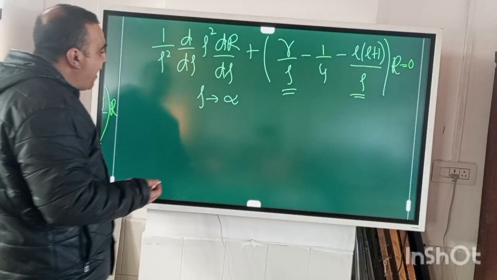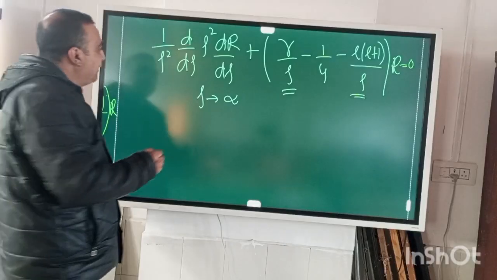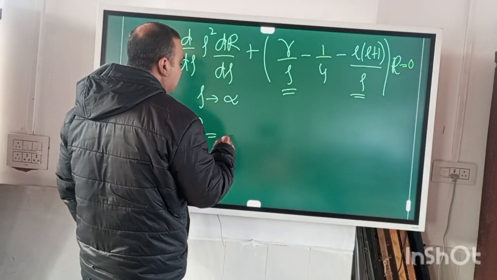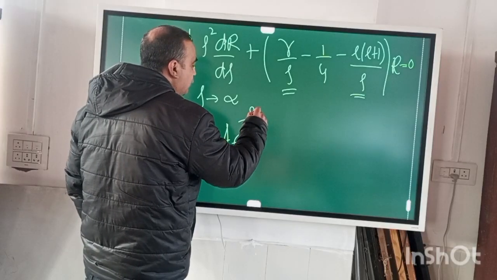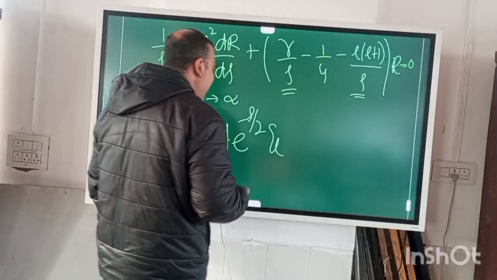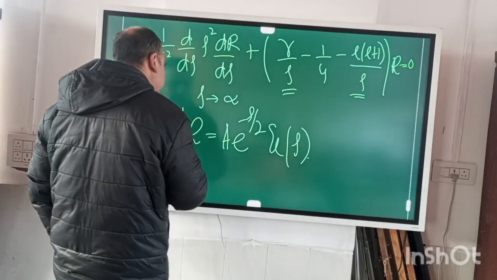So if I go with the asymptotic solution to this equation, the solution that I will choose is r equals a e to the power of minus rho by 2, multiplied by another variable zeta as a function of rho.